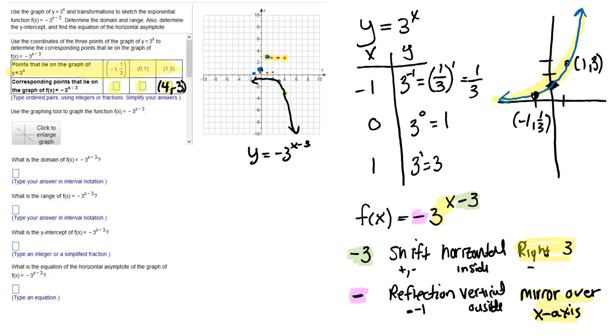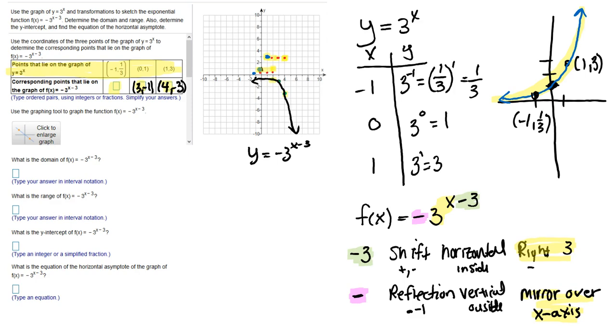So let's talk about the point 0, 1. 0, 1 got moved to the right 3. So it was at 0 and moved to 3. That x value changes to 3. And that point was 1 above and reflected to be 1 below. So now the y-coordinate is -1.